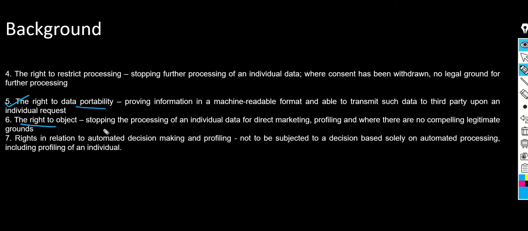If you want to stop the processing of individual data for direct marketing, for profiling, and where there is no compelling legitimate ground, you can ask the organization to stop the processing of the data you have given them. The seventh right is the right in relation to automated decision making and profiling.